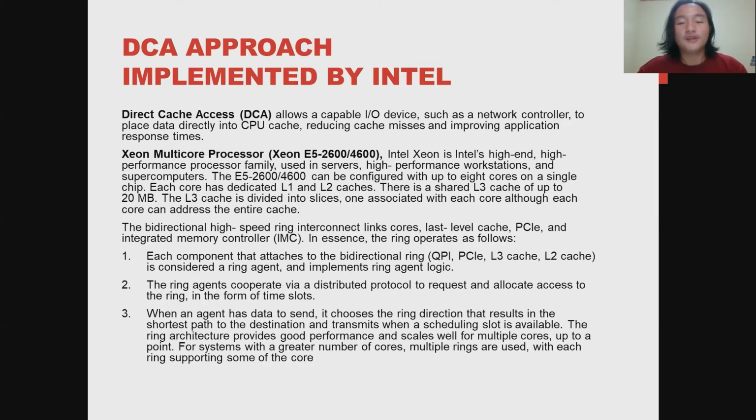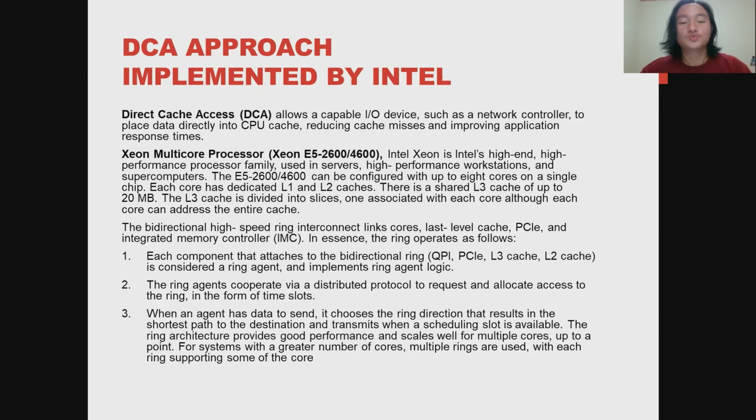In essence, the ring operates as follows. Each component that attaches to the bidirectional ring, which is QPI, PCIe, level 3 cache, and level 2 cache, is considered a ring agent and implements ring agent logic. The ring agents cooperate via a distributed protocol to request and allocate access to the ring in the form of time slots.